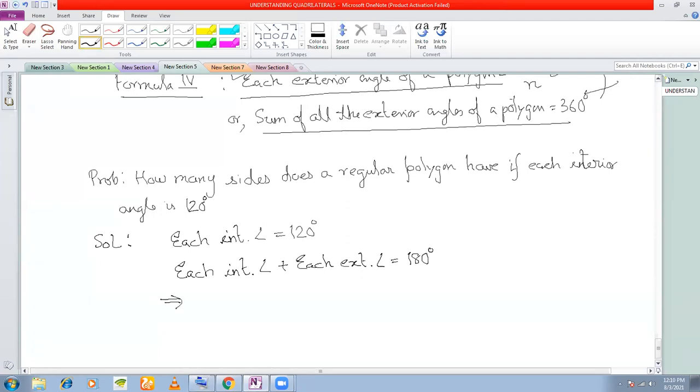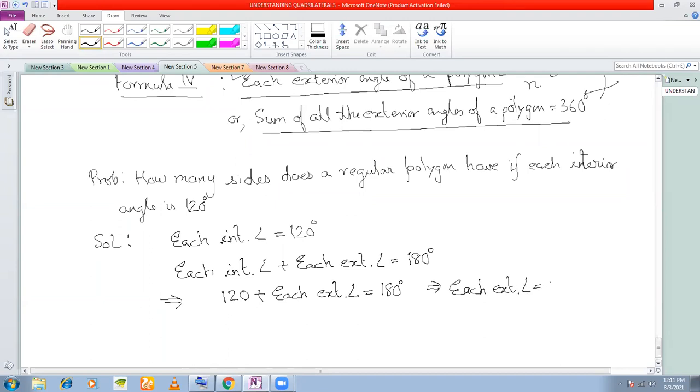And what is given here? Each interior angle is given to be 120. So you put 120 plus each exterior angle is equal to 180. That means how much? What is the measure of each exterior angle?